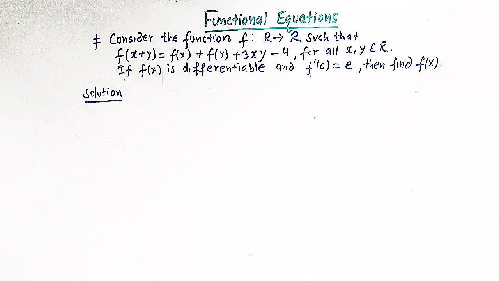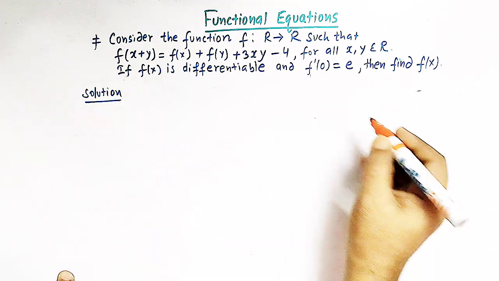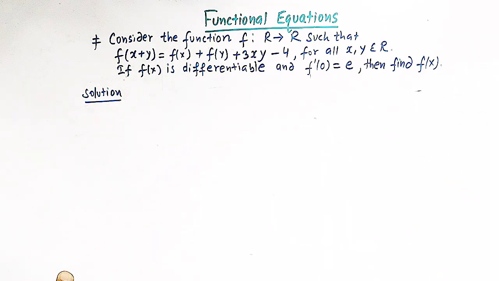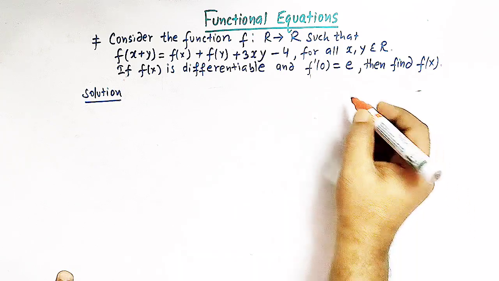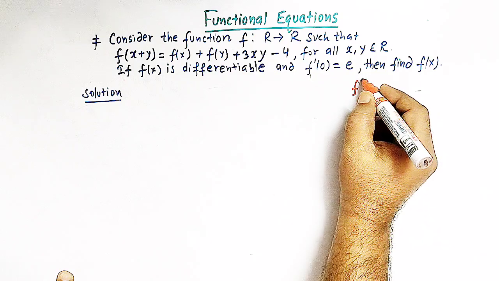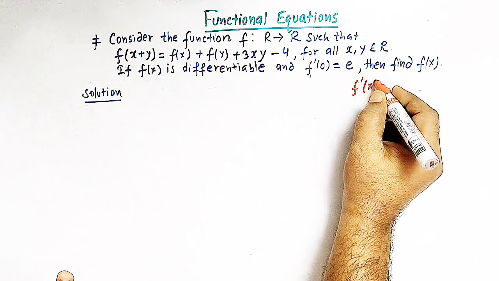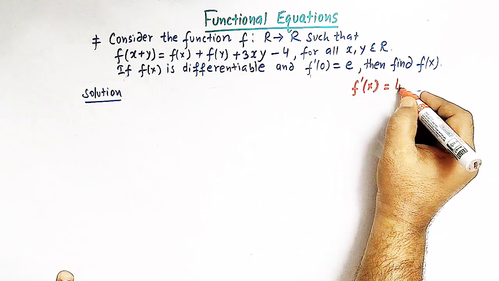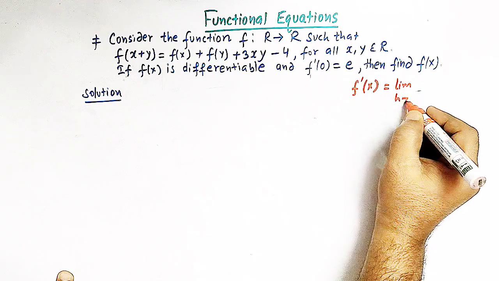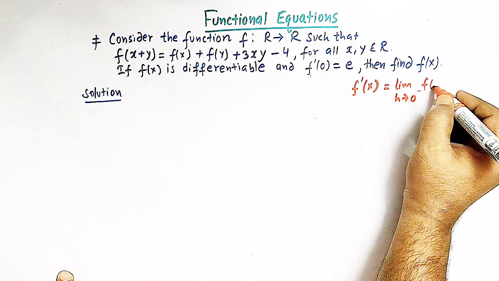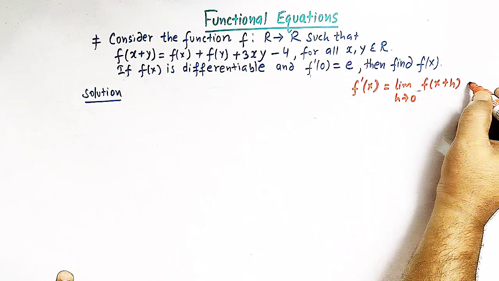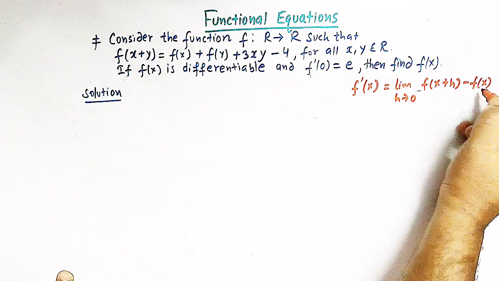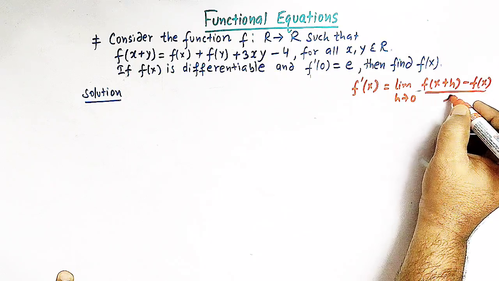So let us start. Before solving this problem, let us quickly see the definition of the derivative of a function, which is also known as the first principle. The derivative, that is f prime of x, is given by this limit: limit h tends to 0 of f of x plus h minus f of x divided by h.